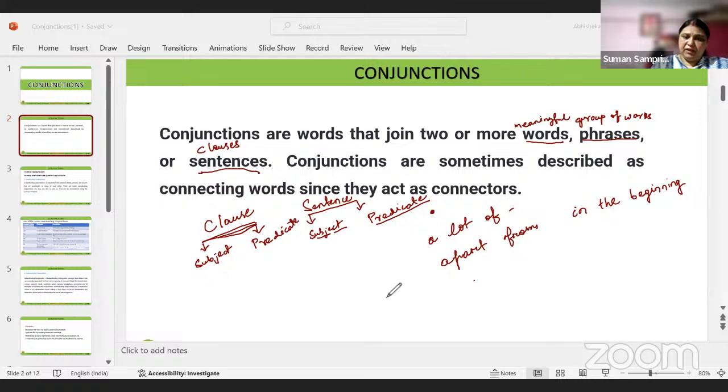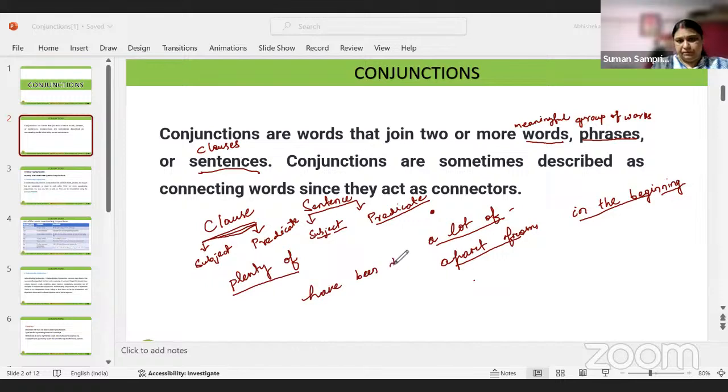If I say plenty of, this is also a phrase. So these are all phrases. Okay. If you say have been doing, so more than one word is called a phrase.